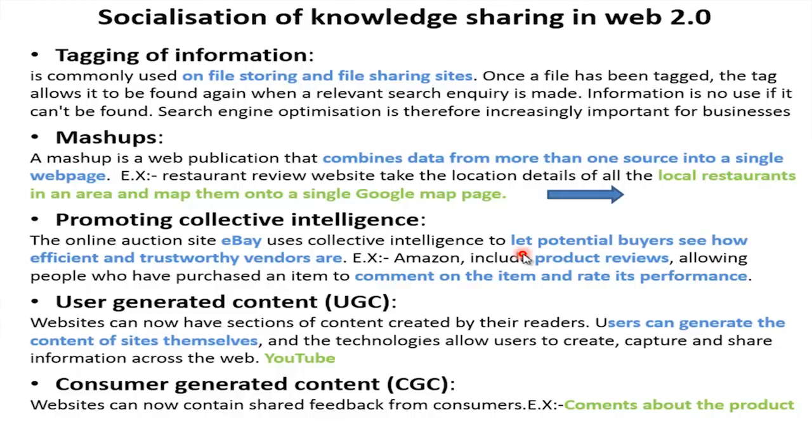Promoting collective intelligence. The online auction site eBay uses collective intelligence to let potential buyers see how efficient and trustworthy vendors are. Amazon, as an example, includes a product review, allowing people who have purchased an item to comment on the item and rate its performance.